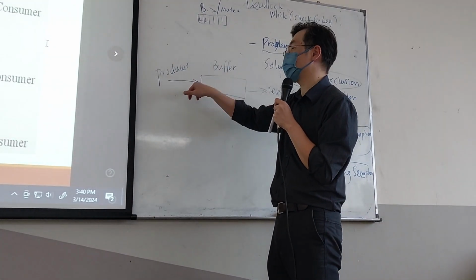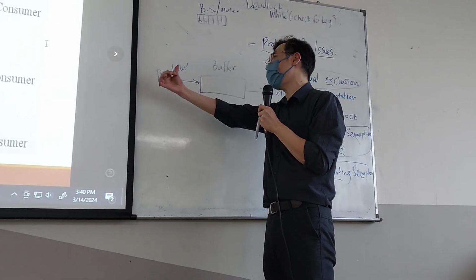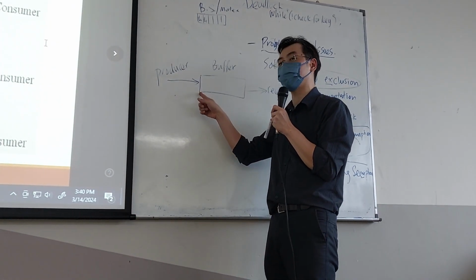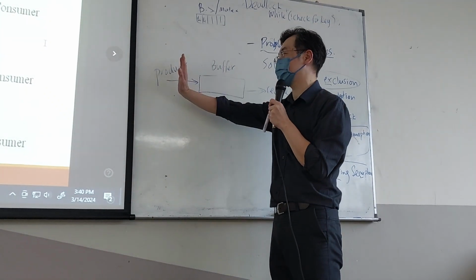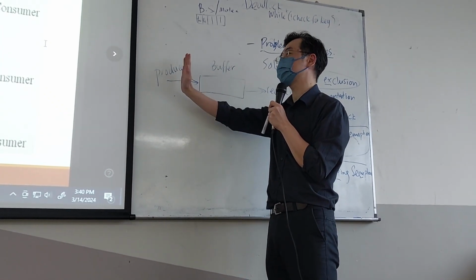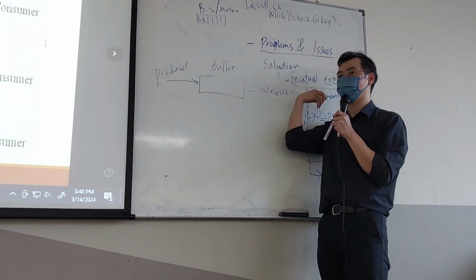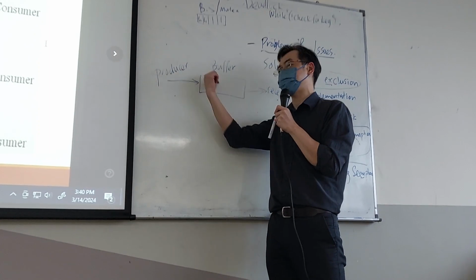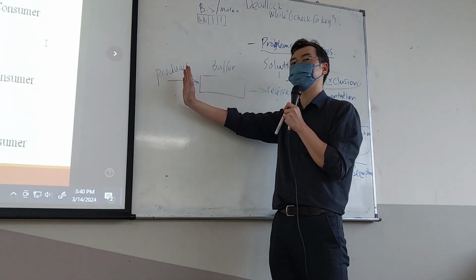And after it's full, you don't want the producer to keep on putting in data, because the message that comes in after it's full is going to go missing. You want to block this producer from producing further. Wait until the receiver retrieves one. When you retrieve one, you have one slot empty, right? Now the producer can put in another one. Okay, but once it is filled up, you will get blocked again.